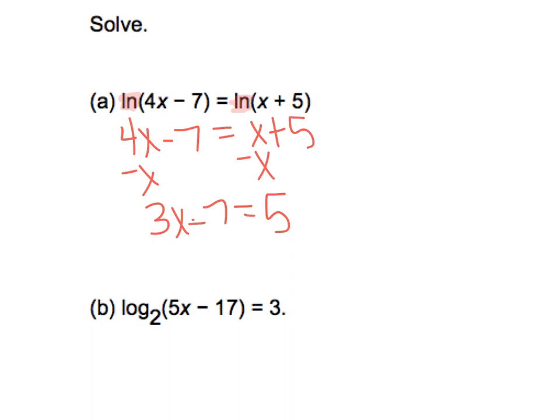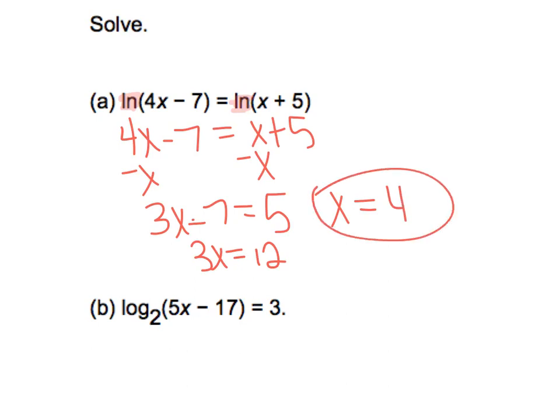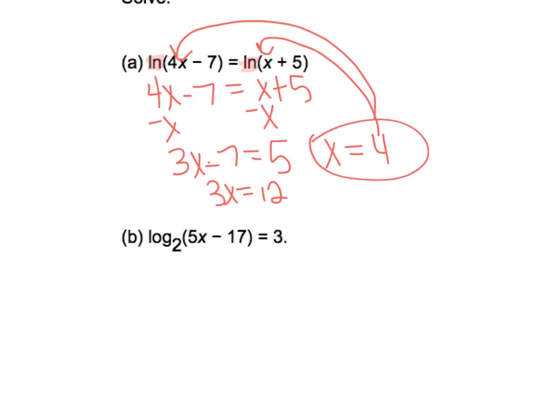If we add 7 to both sides, we get 3x equals 12, and x equals 4. And what I meant by extraneous solutions, we just need to go back and double check. If we put 4 back in for x in either one of these, we just have to make sure we don't get a negative number. 4 times 4 is 16, 16 minus 7 is positive. 4 plus 5 is 9, 9 is positive, so that's fine.